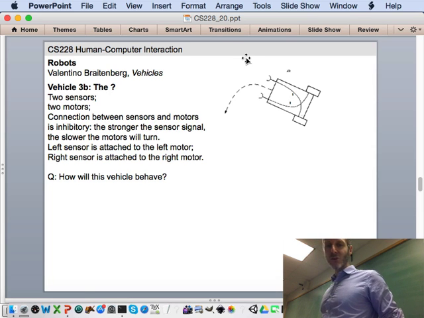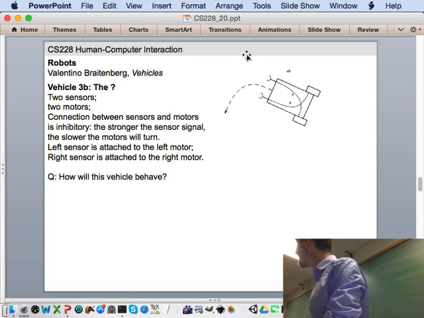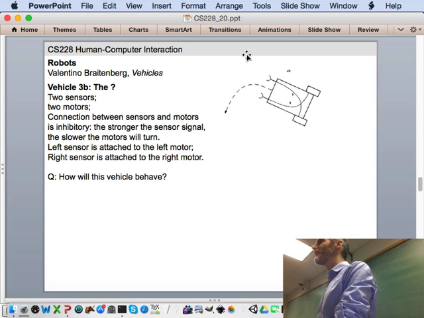So if the light source is where the pointer is, there's more light falling on the right-hand sensor, which means there's more inhibition on the left wheel, and you're right, it will turn away. What happens when it starts to turn away from the light source? It's inhibited less and it'll take off, right?